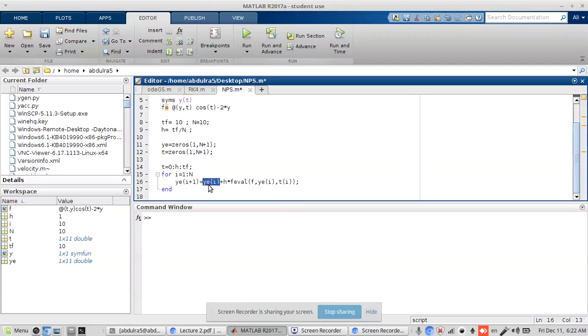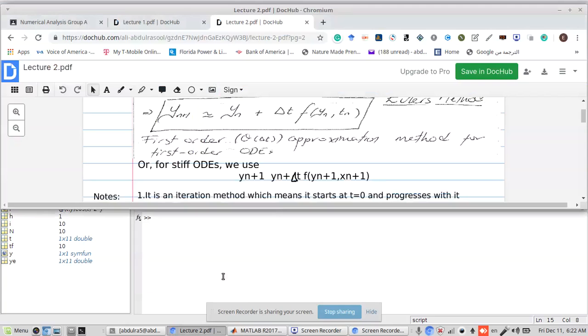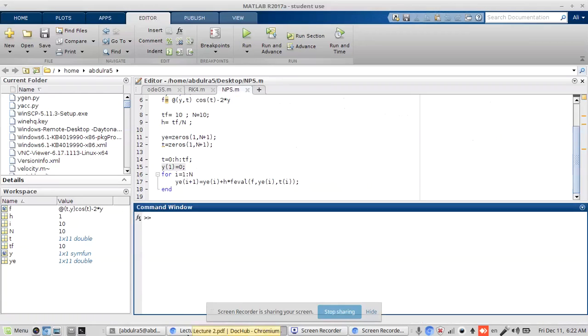And by the way, this is the first value of YE, so I should give the initial condition when i equals 1, which is 0 from the equation itself. If we look at the example, we will find the initial condition is 0.